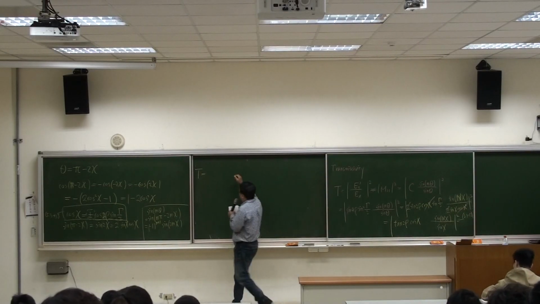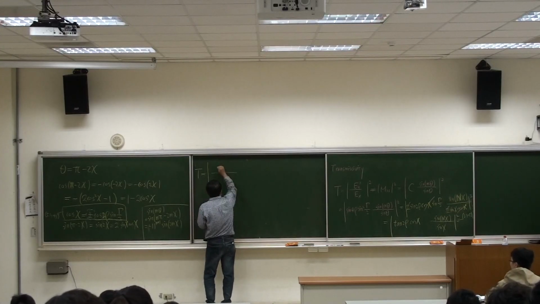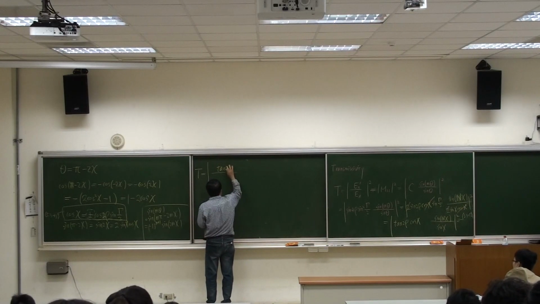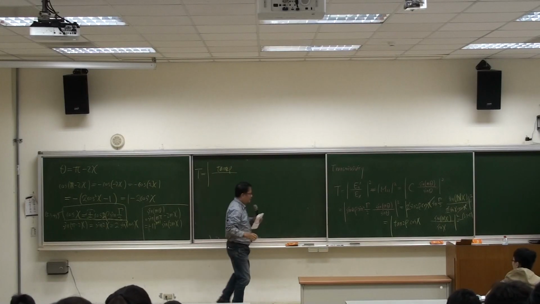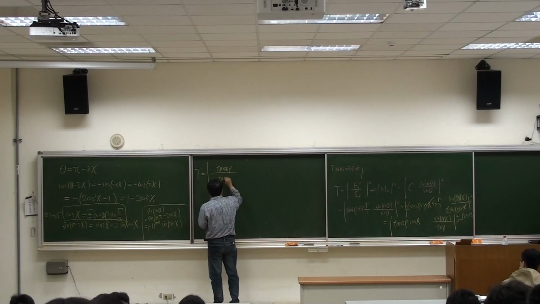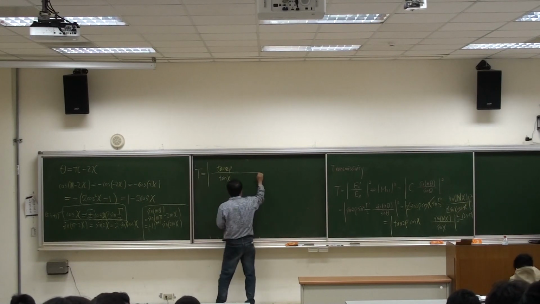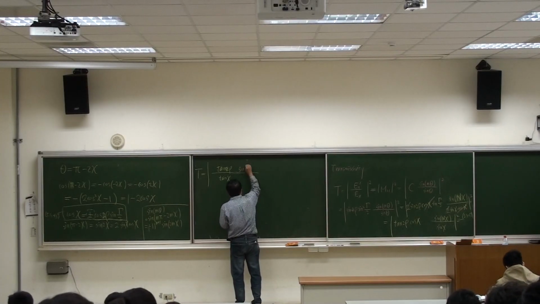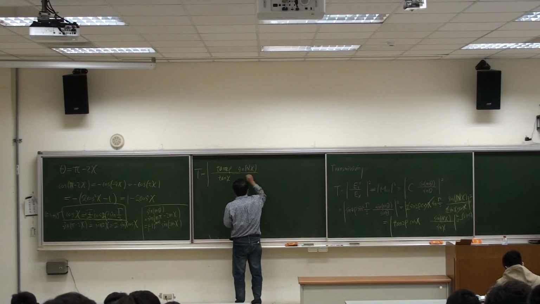So this is tangent 2 rho over tangent chi times sine n chi over sine chi.